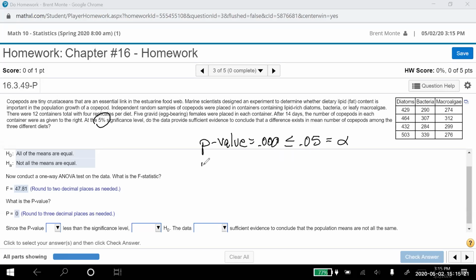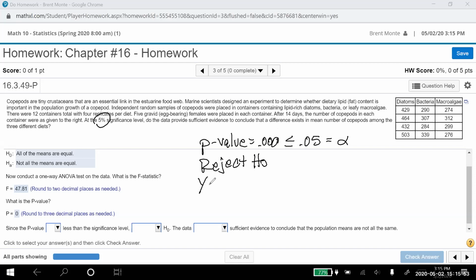Since it's less, we reject the null hypothesis. Remember, that's essentially saying there's 0 chance that the null hypothesis is true. My video explains that a little better, but we reject the null hypothesis. So we're rejecting that all the means are equal, and we're going with the alternative, not all the means are equal. And so we would state that. The question is, do the data provide sufficient evidence to conclude that a difference exists in the mean number of copepods among the 3 different diets?